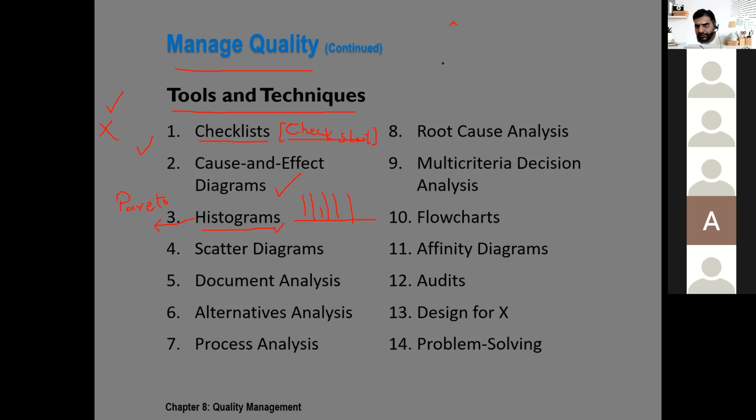A histogram is nothing but our bar chart. For example, say that we are checking the doors of a five-star hotel that is just completed, and the quality team, the inspection team, is checking the quality of the doors. They determine, okay, 10 doors are taller than required, 2 doors are shorter than required, and 30 doors are very wide, they can't even fit.